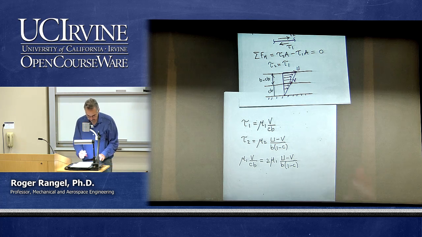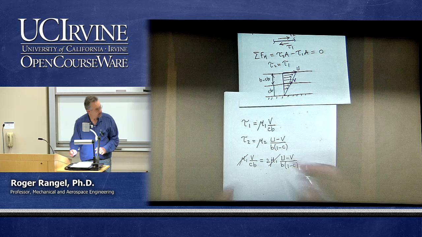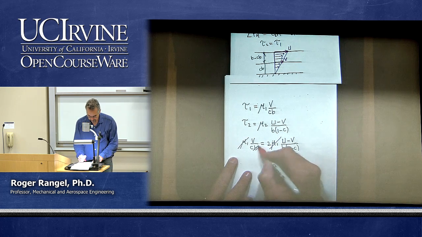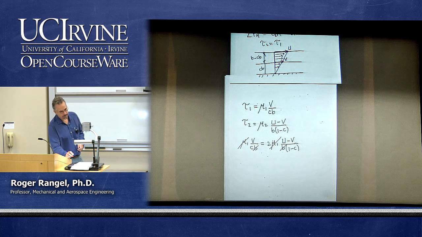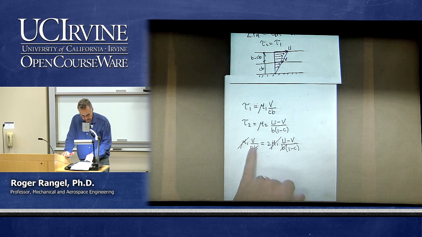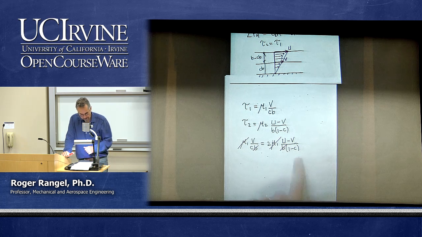Of course I notice now that I can cancel out the mu, because it's mu 1 on both sides. I can also cancel out the b that appears on both sides. And what I have there is an expression that relates V to U and c.